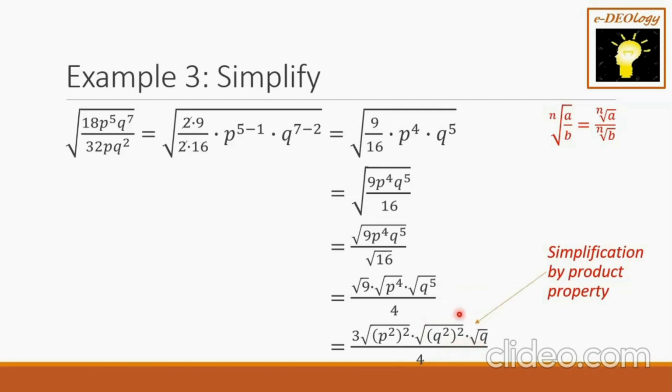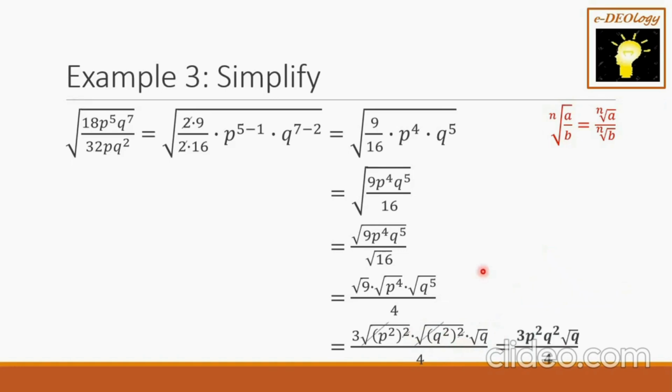Next, we're going to split now the radical to the factors. Actually, that is simplification by product property. We have now here the square root of this q squared and then squared times the square root of q. The next is we're going to cancel now some terms that can be cancelled. So in this answer, the 3 we copied here.